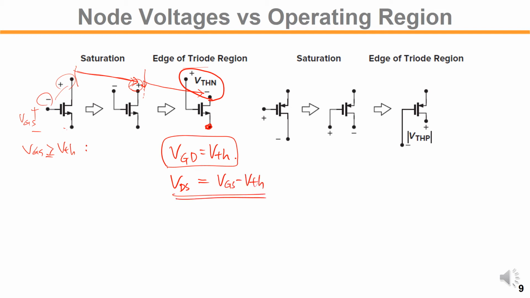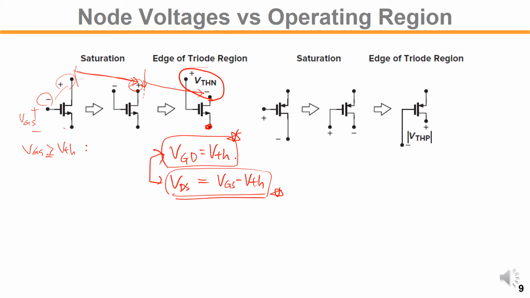You always remember only this equation, but you have to also know the other equation as well, because that is more insightful when you identify the region of operation. So you have to understand those two equations more freely.